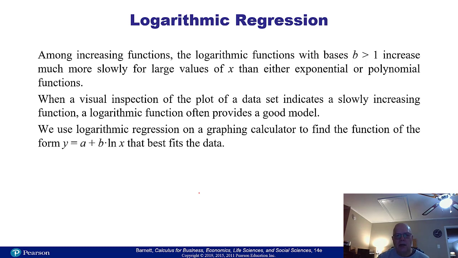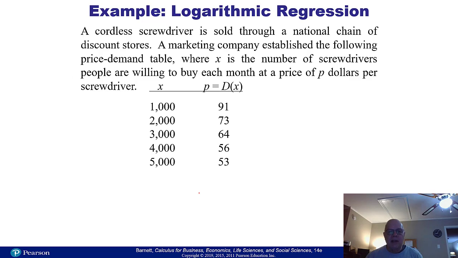Okay, now logarithmic regression. We haven't done this, and we're not going to do too much of that here, but I'm going to give you an idea of how this works. Whether you use a TI-84 or you use a TI-Nspire, it doesn't make a lot of difference. The number one thing you have to do is put the numbers in. So for example, here are some ordered pairs.